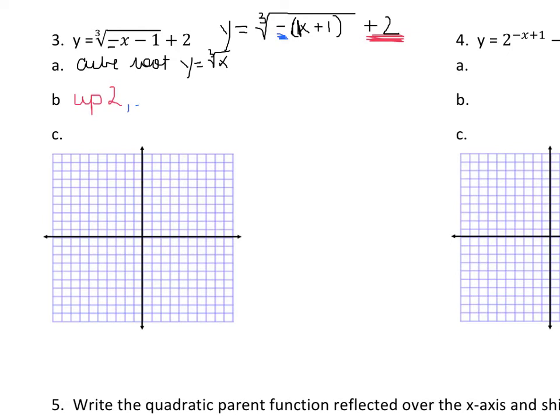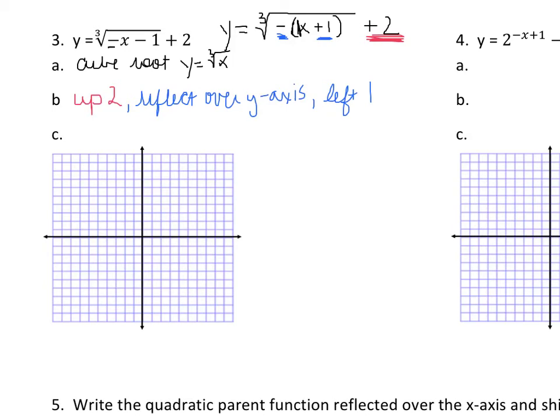So it's going to reflect over the y-axis. And because I have the +1, it's the opposite of common sense, so it's going to move to the left 1.